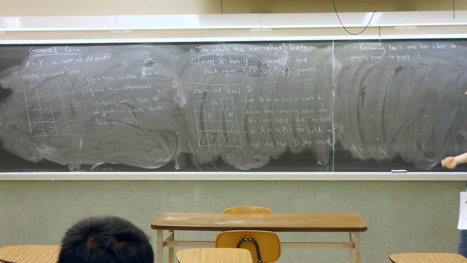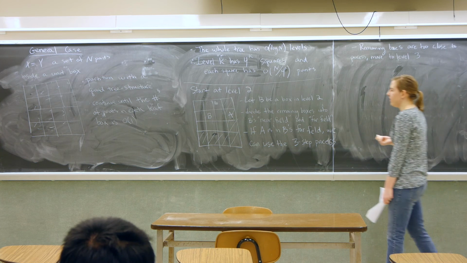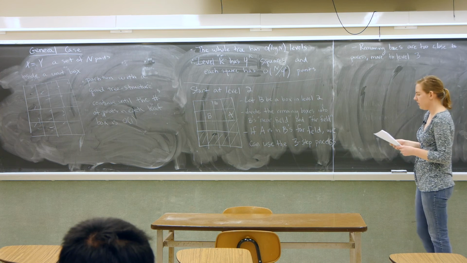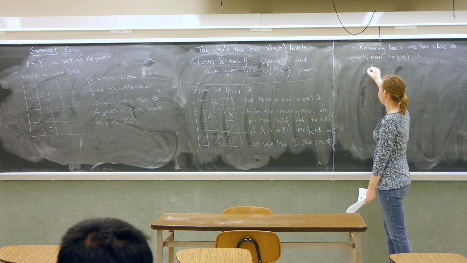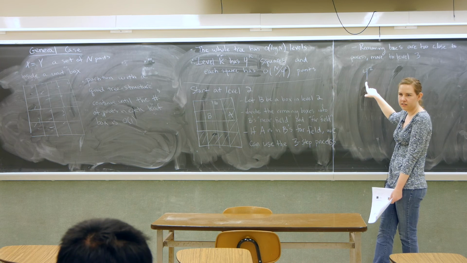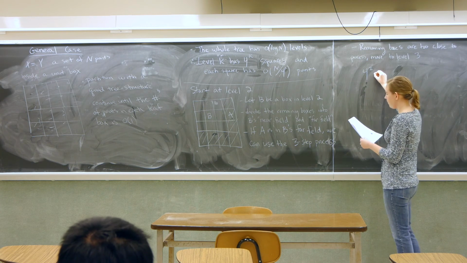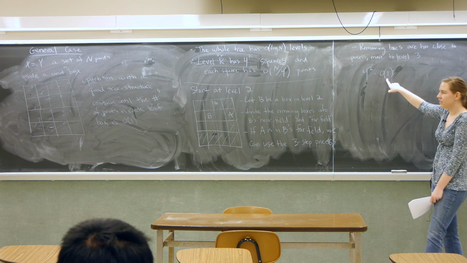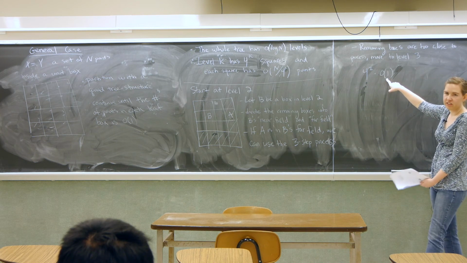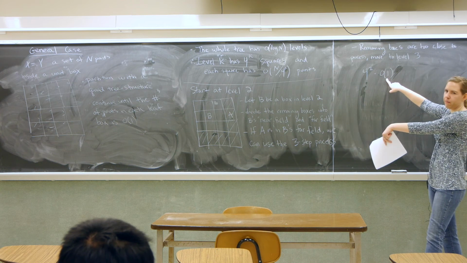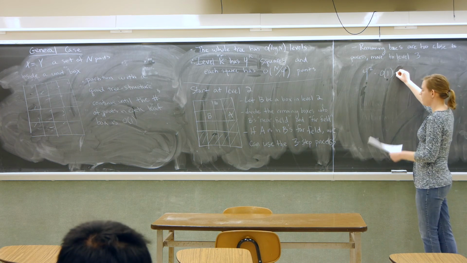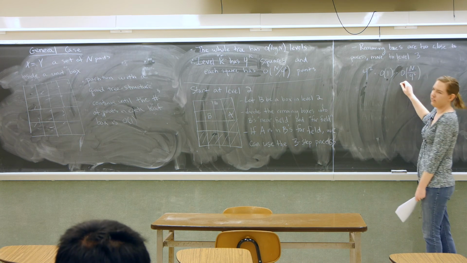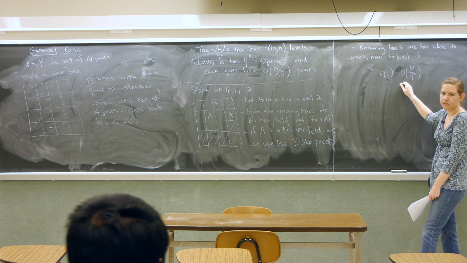Okay, but before I move to level 3, I just want to talk about the complexity of completing level 2. There are 4 squared boxes because we're in level 2. And there are order 1 boxes in B's far field, for any B. And there are order n divided by 4 squared points in each of the boxes.